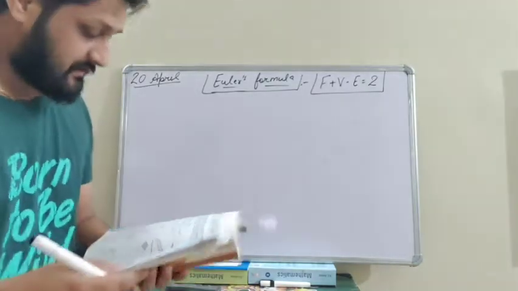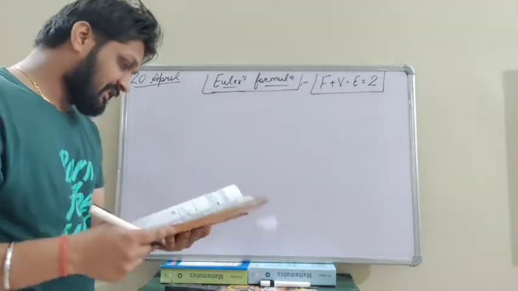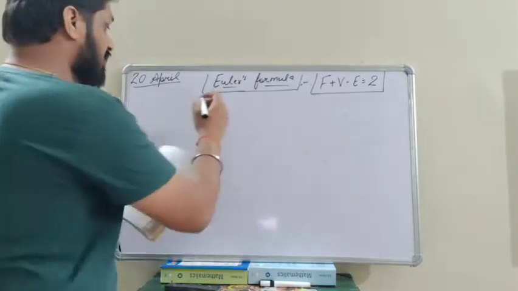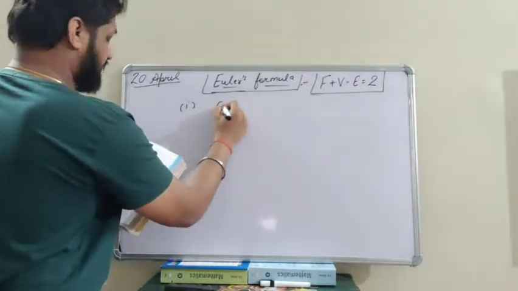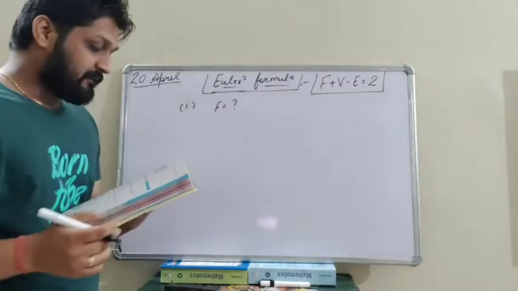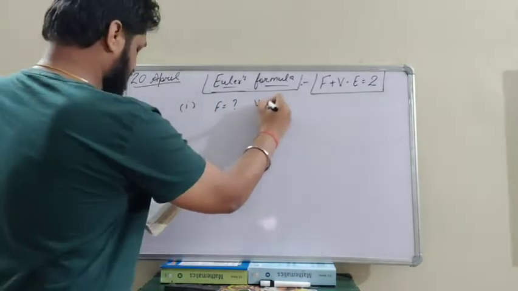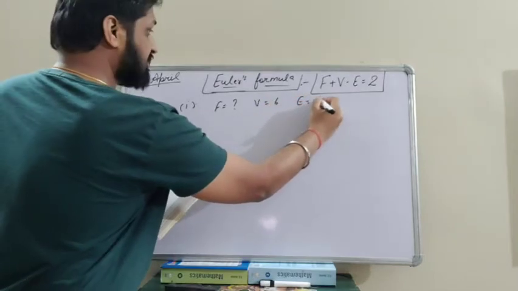Now the question is, see, first we have to find the number of faces while the vertices are 6 and edges are 12.